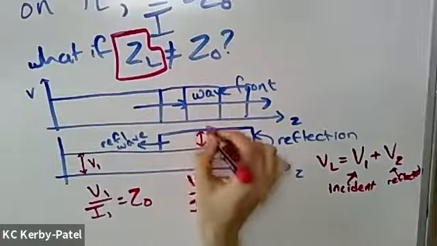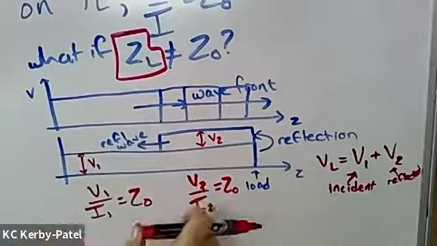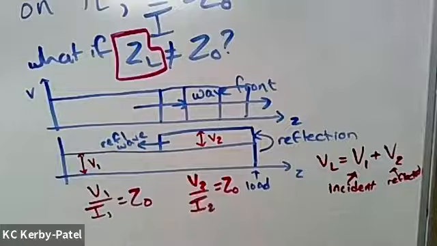Although I2 is flowing in the other direction, so I2 would be flowing to the left and I1 would be flowing to the right. The next thing we're going to do is figure out what these waves' relative amplitudes are.